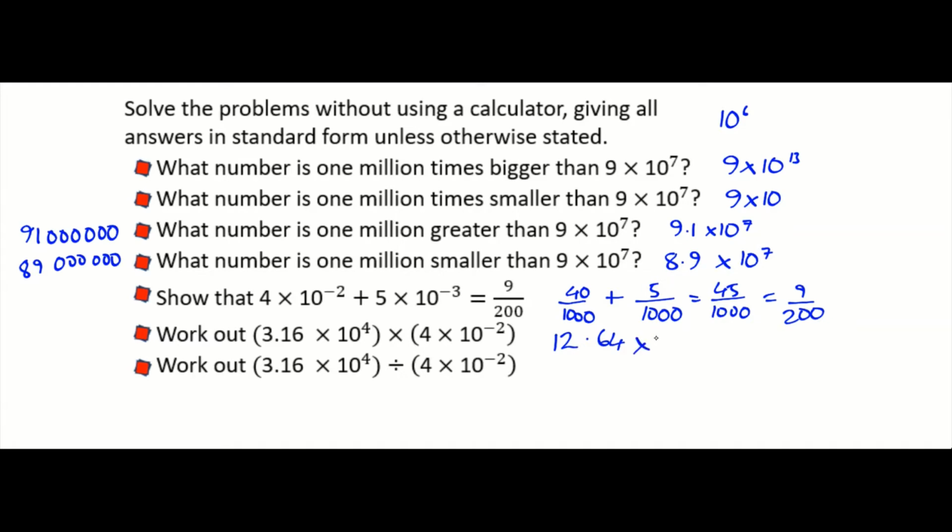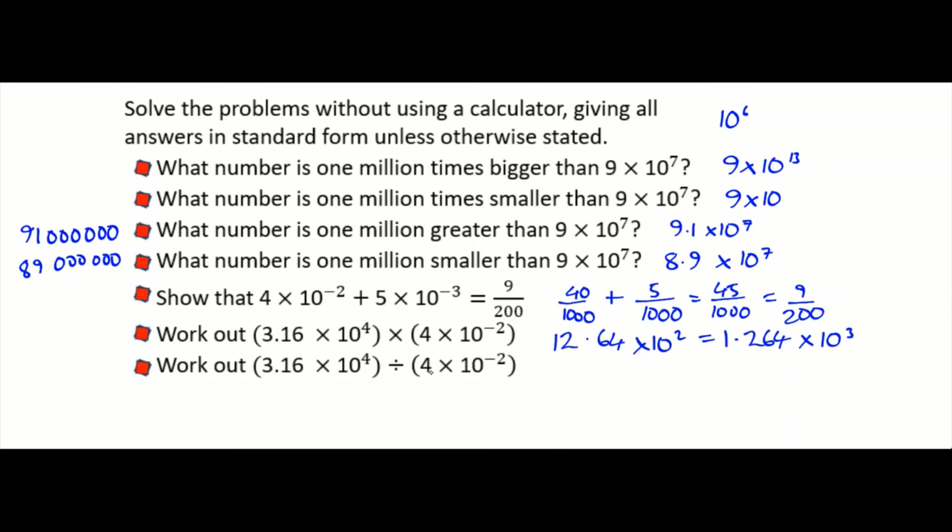So we've got 12.64 times 10 squared, but that's not in standard form. We only want one digit before the point, so that's 1.264. And that would be multiplied by 10 to make this number, and then by another 10 squared, so altogether that's multiplied by 10 cubed.